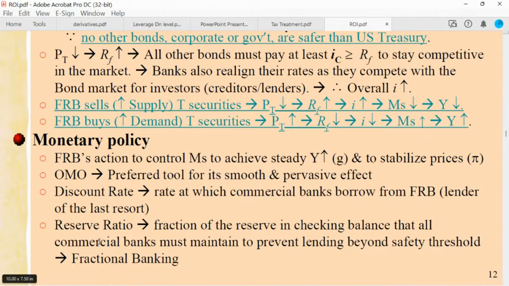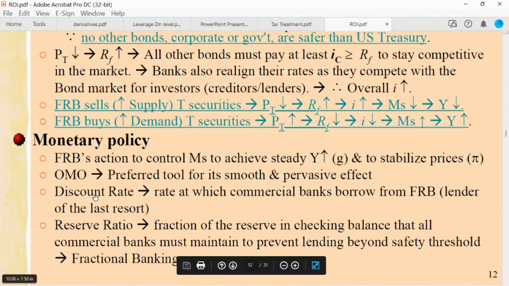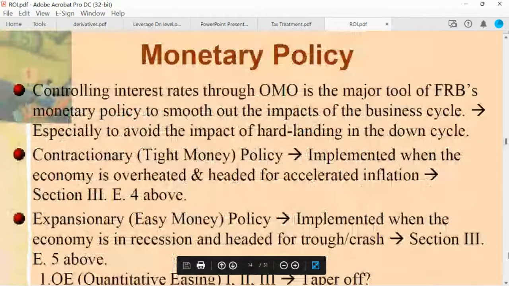They have more than just one tool. Open market operation is only the most preferred tool, but they also have two other ways to change the monetary policy. But I'm not gonna talk about it now.